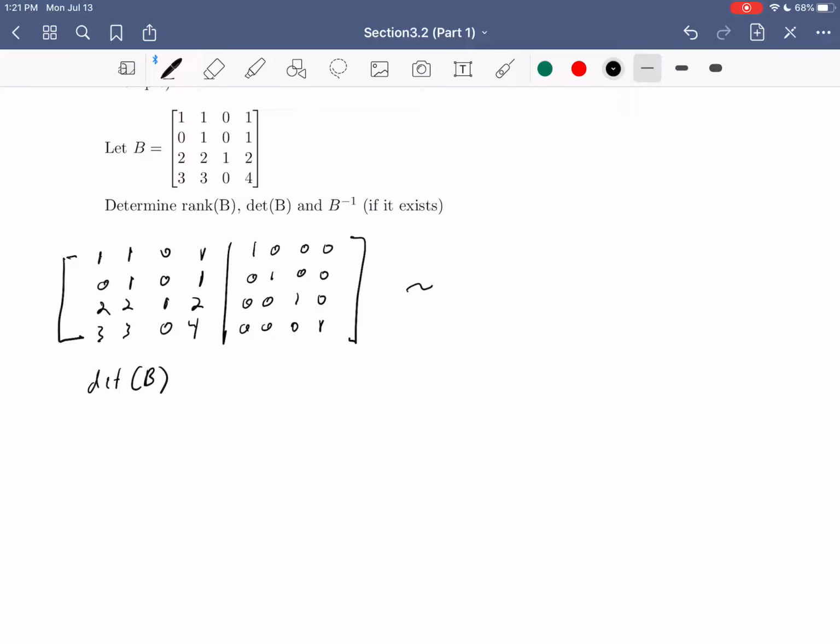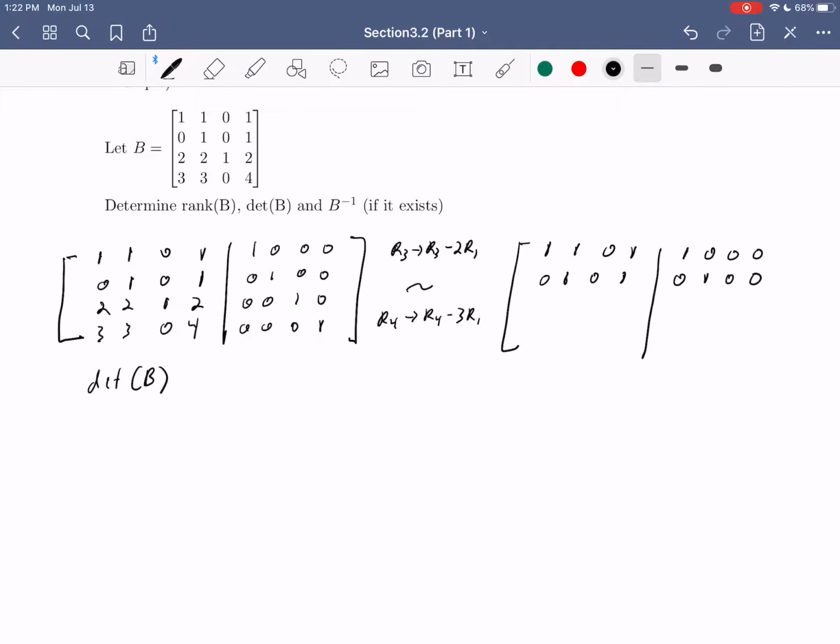So we'll go ahead and replace row 3 with row 3 minus 2 row 1, and row 4 with row 4 minus 3 row 1. So when we do that, we get 1, 1, 0, 1, and 1, 0, 0, 0. We're not doing anything to this row, so we have 1, 0, 1, 0, 1, and 0, 1, 0, 0.